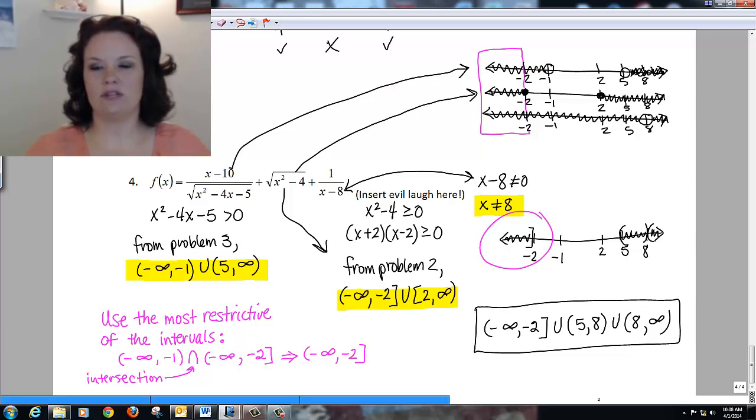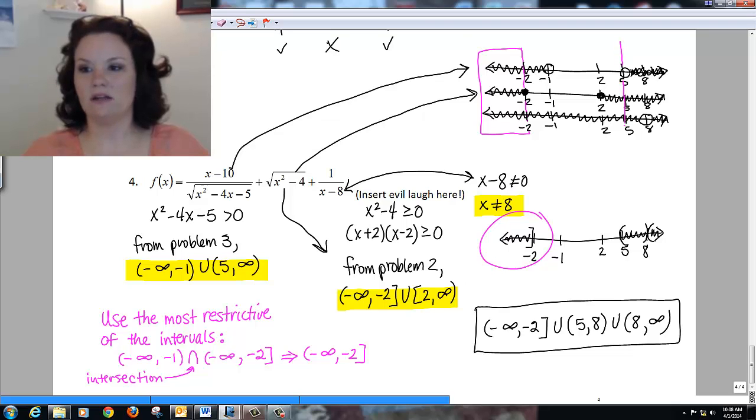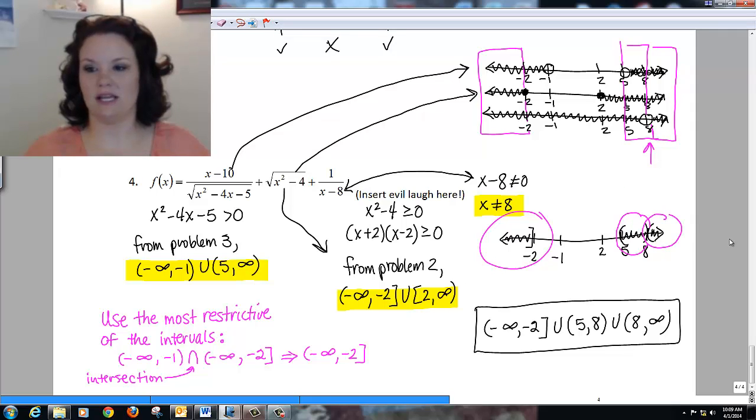As I travel over, they don't all have from -2 to -1, from -1 to 2, or from 2 to 5, but from 5 on, they have in common. From 5 to 8, they have in common, so that's why I shaded right here from 5 to 8. The reason I have to stop at 8 is because this third one does not include 8. But they do all have from 8 on out to infinity. So that's where this shading came from.